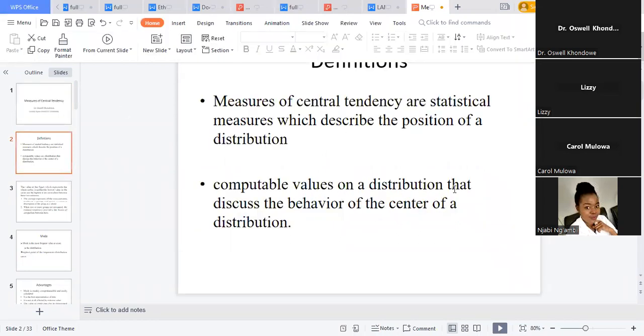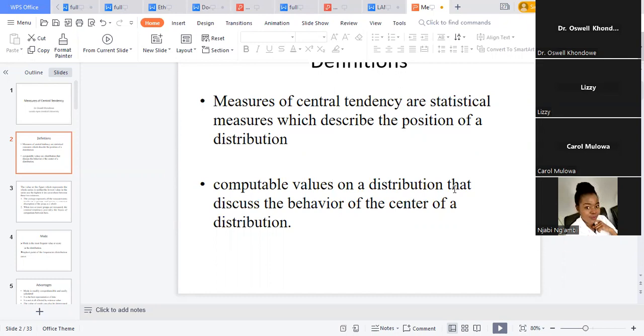So, definitions: measures of central tendency are statistical measures which describe the position of a distribution. When you talk about distribution, for example, out of 9 people, I collect their ages. This one is 24 years old, the other one is 21, the other one is 50, the other one is 46. That is a distribution, okay?